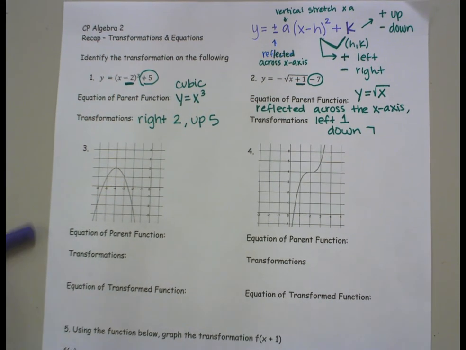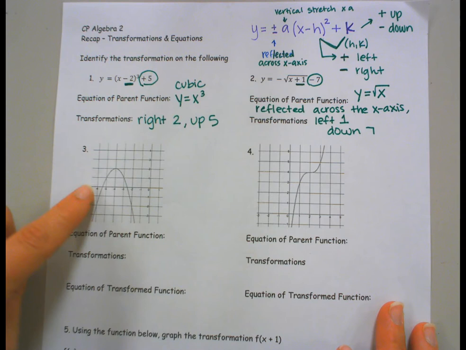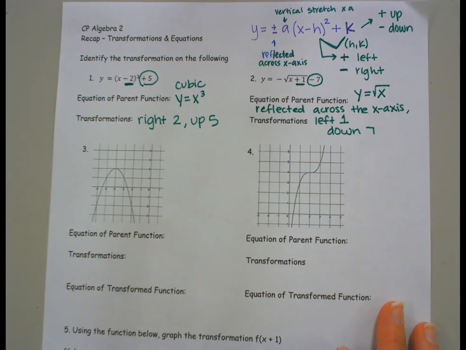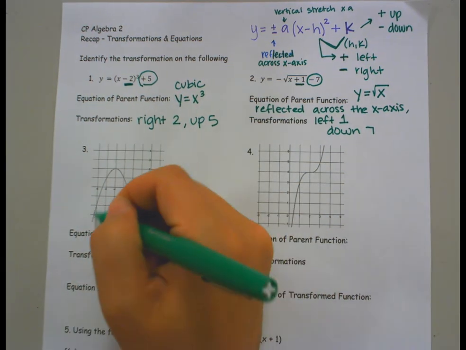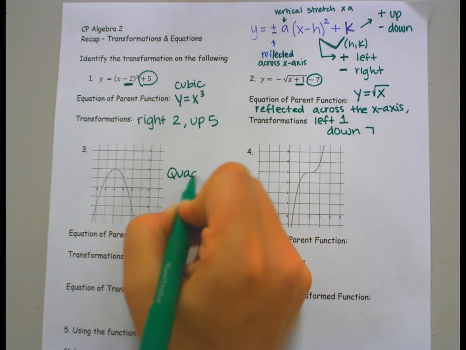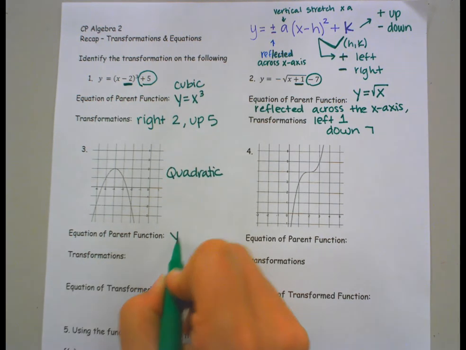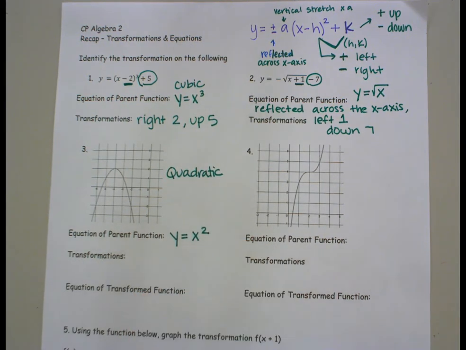Okay, so the next thing we had to do was look at a graph. Before, we were looking at an equation to determine our transformations. Now we're going to look at a graph to determine transformations. By looking at this graph, we should know that this is a quadratic. The equation of our quadratic parent function is y equals x squared.